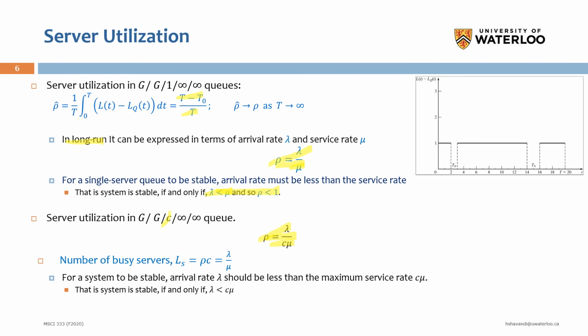So the arrival rate divided by the total service rate will be the utilization rate. The number of busy servers, E[Ls], will be rho times C, or lambda over mu. And again, for multiple servers, we need lambda to be less than C mu. This condition is necessary in order to have a stable system.